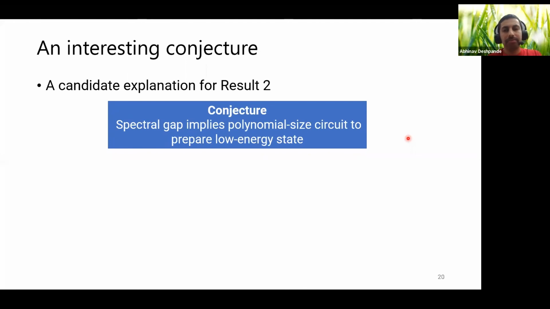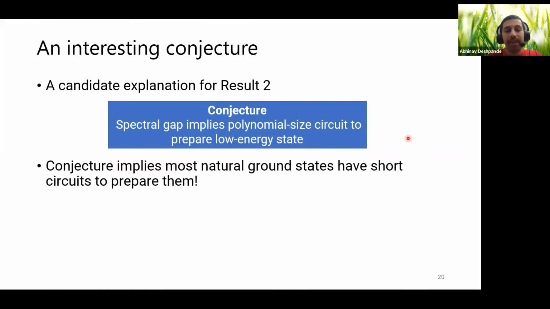Okay, and this conjecture implies that most natural ground states have smallish circuits to prepare them. And I say this because I'm kind of abusing the ambiguity of what it means to be natural.